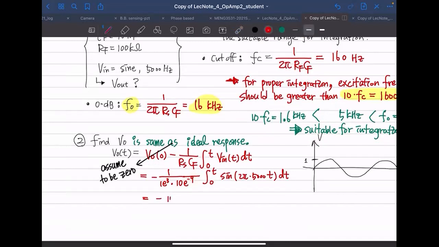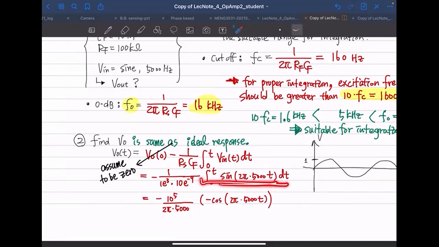So negative 10 to the 5th divided by 2 pi 5,000. And sine changes to negative cosine 2 pi 5,000 t, right? So this whole thing changes to negative cosine and 1 over 2 pi 5,000, when we do the integral.